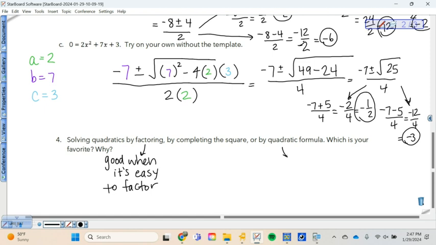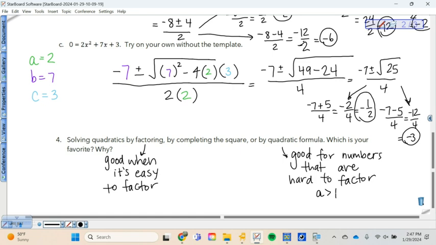But the quadratic formula is good for numbers that are hard to factor. And that's usually when a is greater than 1, when a is not 1.